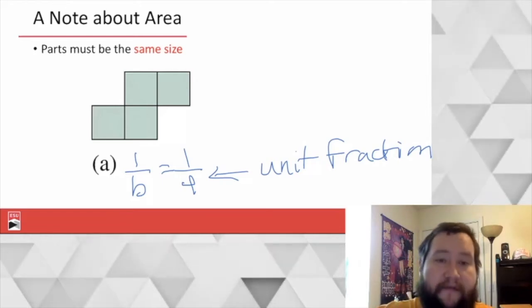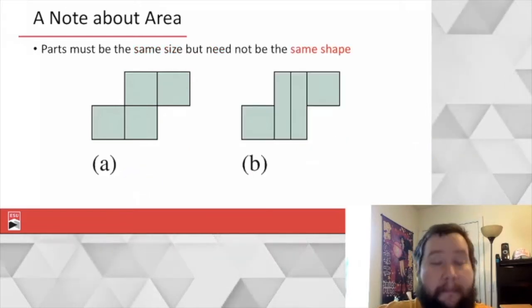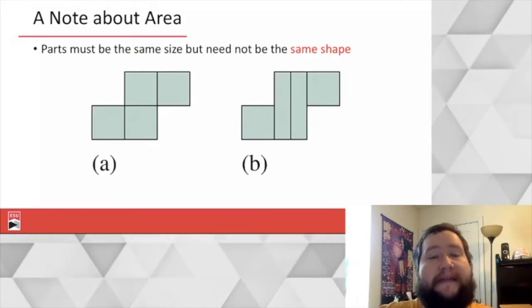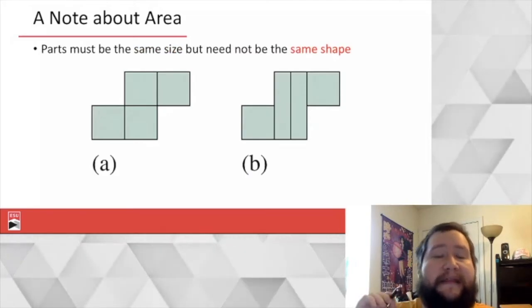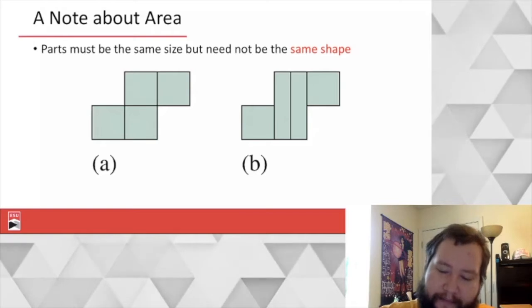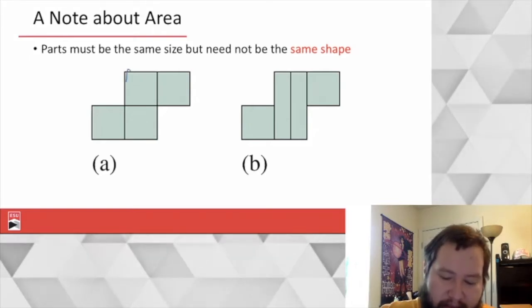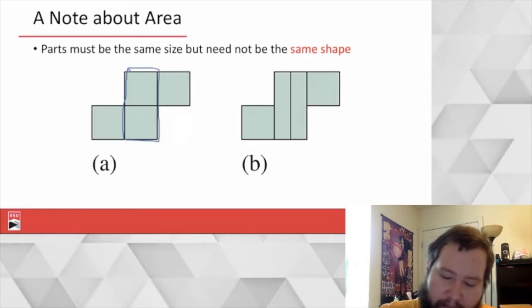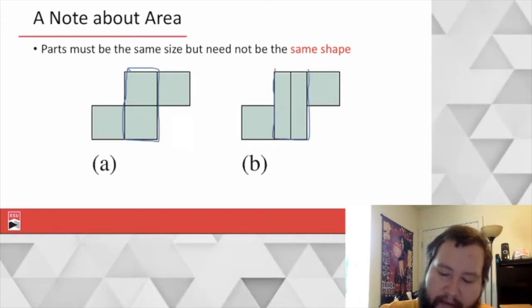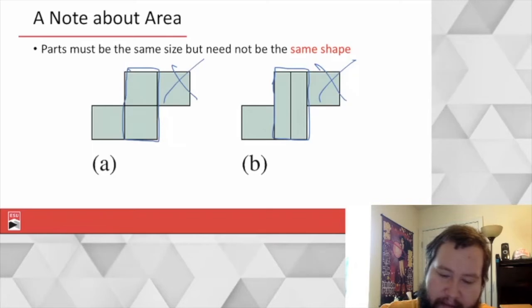So here we have 4 of them, but here we also have 4. And so they need to be the same size, but they need not be the same shape. And how do we know these are the same size? Well, if we just look at this middle rectangle between the two, both of them have this square and both of them have this square.